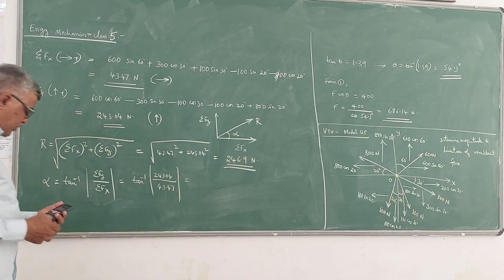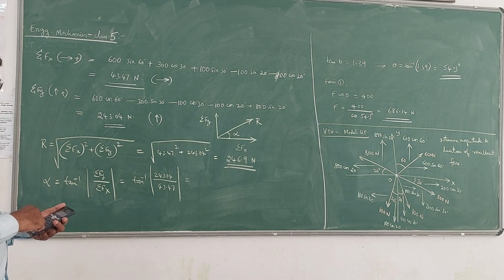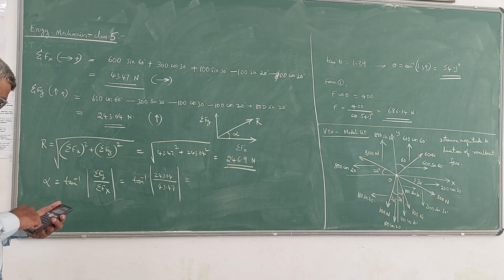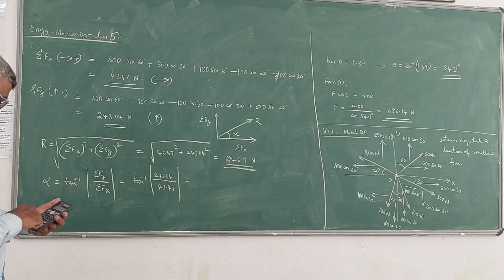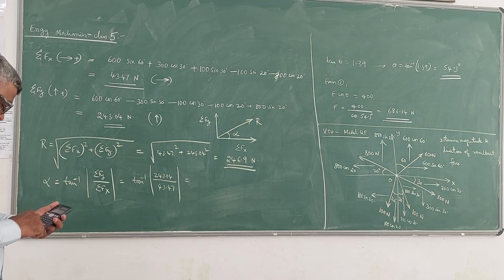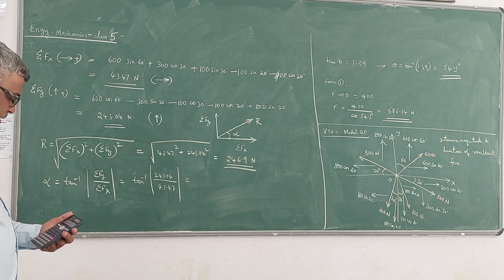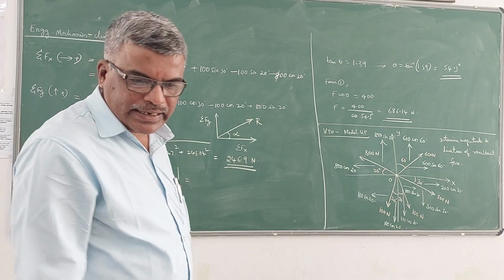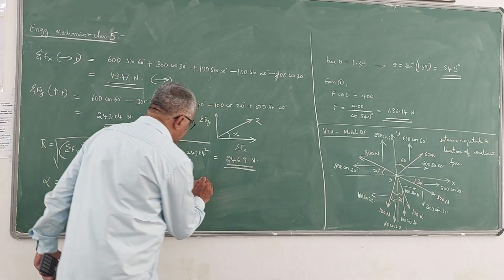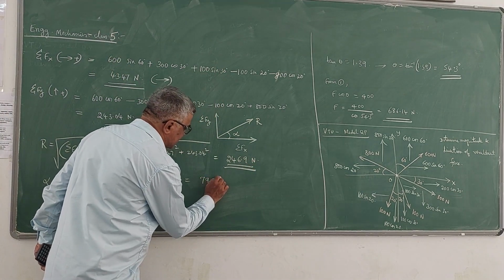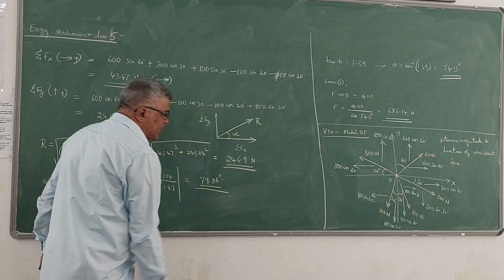So tan inverse of that gives 79.86 degrees. So this is the direction.